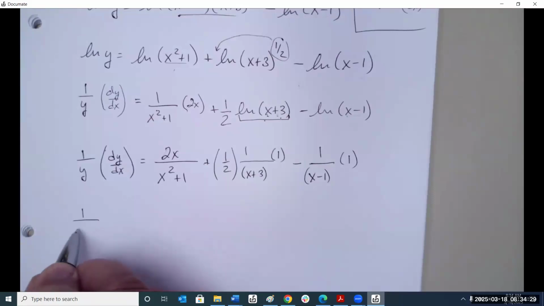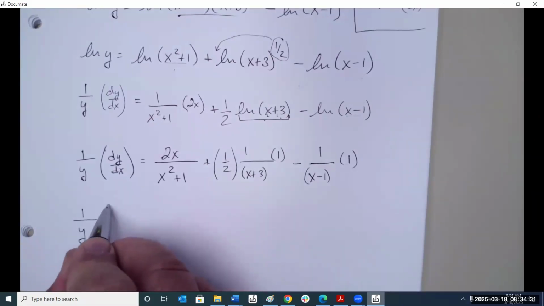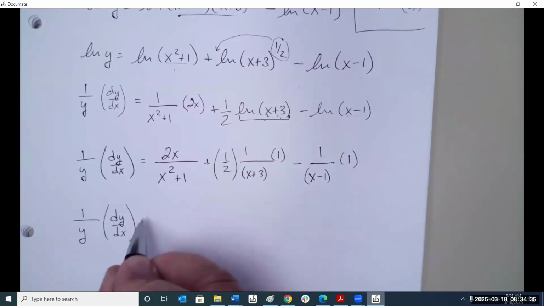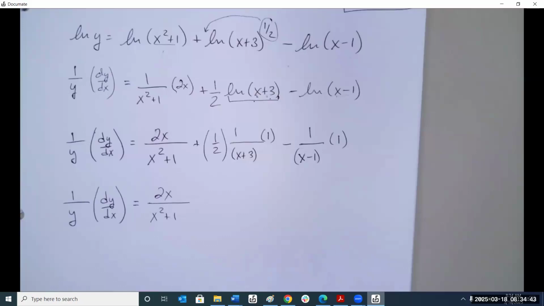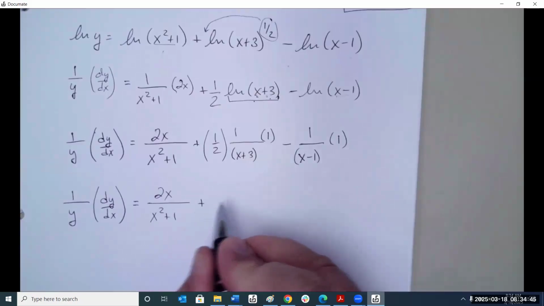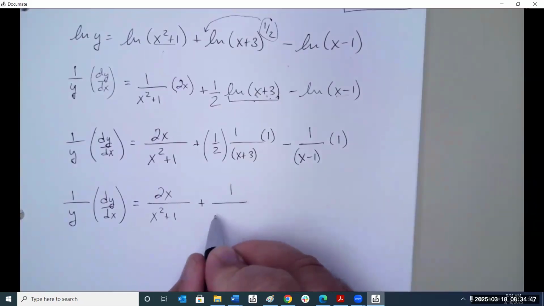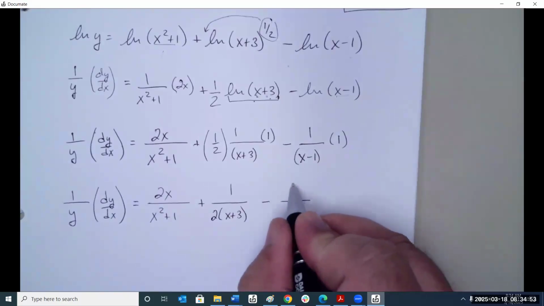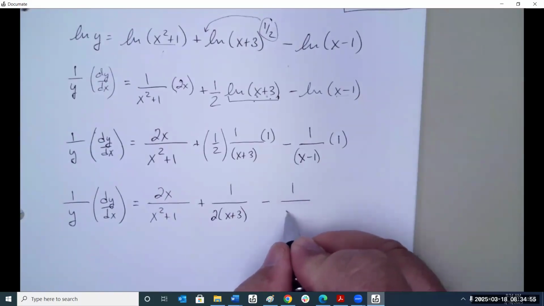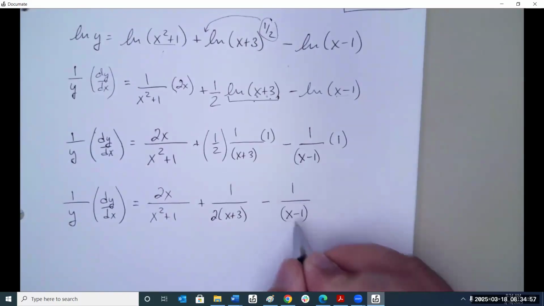So right now we have 1 over y dy/dx equals 2x over x squared plus 1, plus 1 over 2(x plus 3), minus 1 over x minus 1.